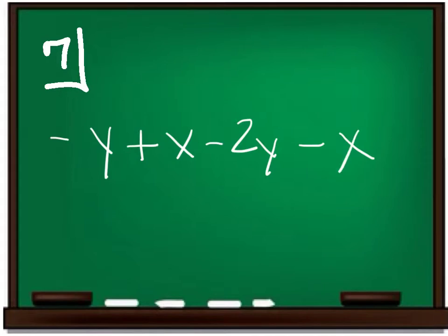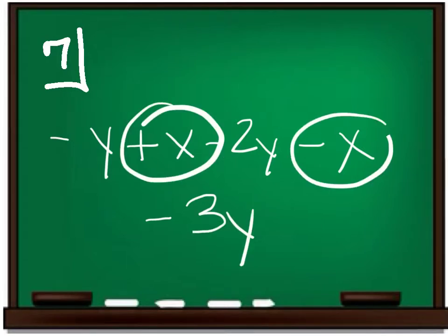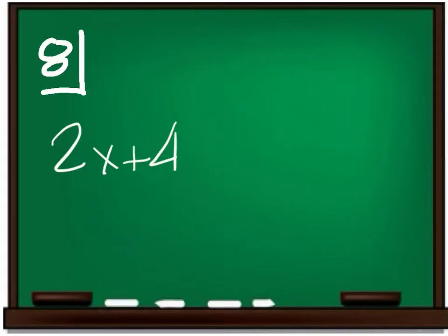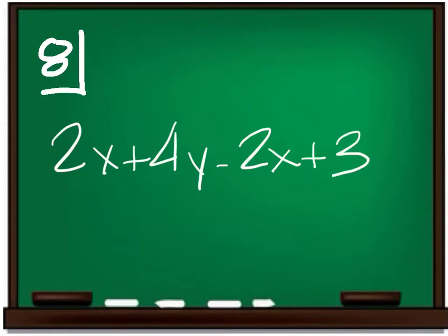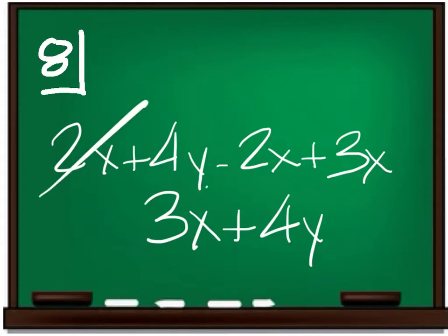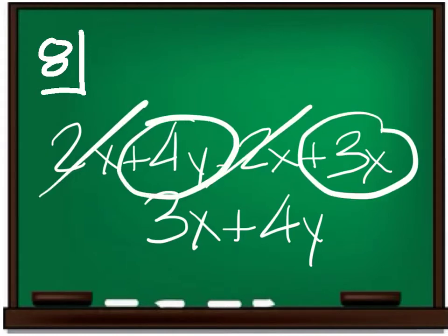(4x plus 2y). Negative 3y. The x's cancel out. Plus x minus x is going to be 0. Three x plus 4y. Cancel, cancel. 3x plus 4y.